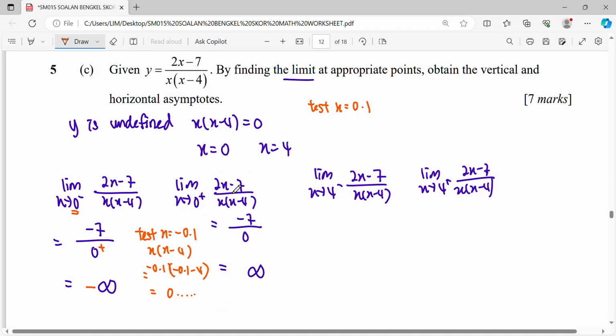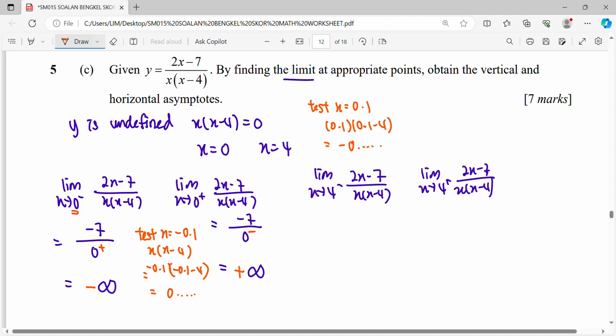Is it substitute everything? No, just substitute the part making 0 here, x minus 1, x minus 4, which become negative 0 point something. So you are approaching the function 0 negatively. Therefore negative, negative, positive.